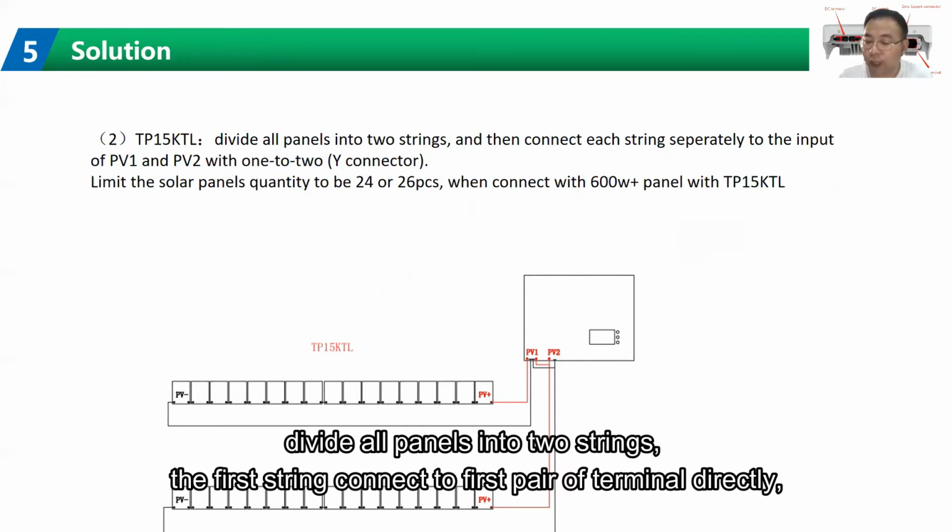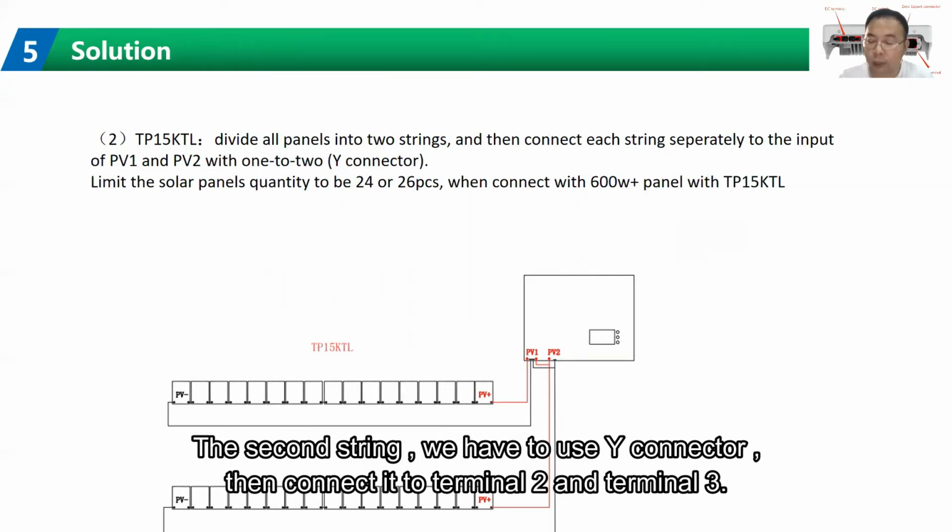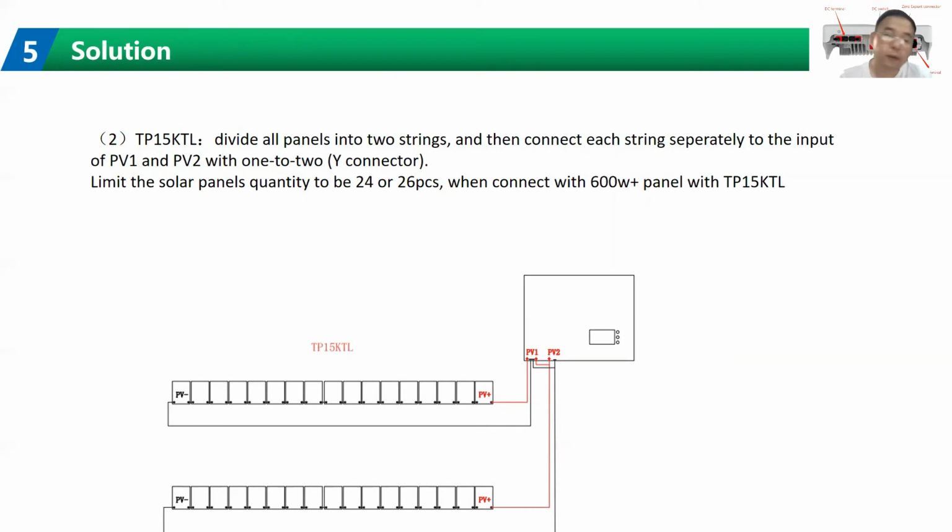The first string connects to the first pair of terminals. For the second string, we have to use a Y connector to connect it to terminal 2 and terminal 3. You can check it on the diagram.